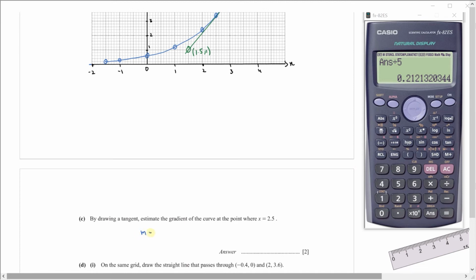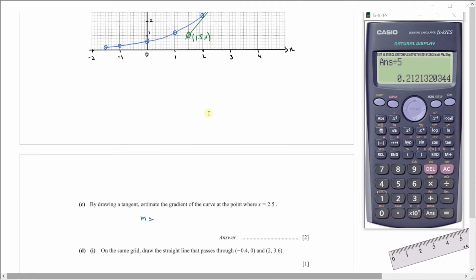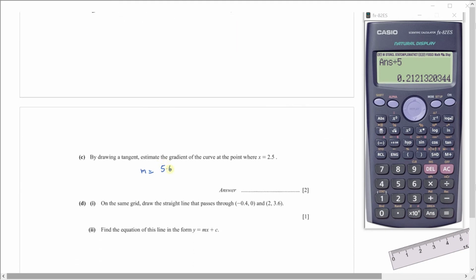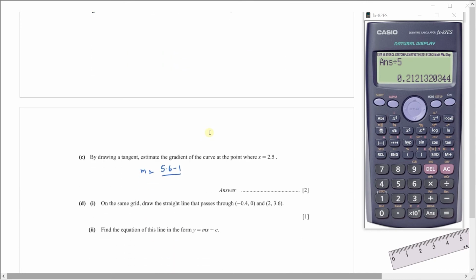So your gradient m here will be y2 minus y1 over x2 minus x1. So 5.6 minus 1 over 3.5 minus 1.5. So this will be 4.6 divided by 2. This is 2.3. So your gradient is 2.3.